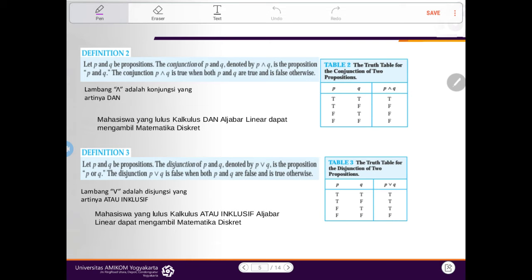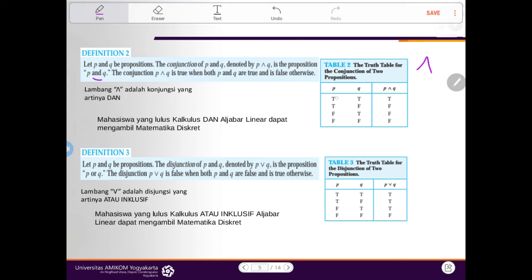Okay. Definition 2. We will explain about the conjunction. Conjunction is the operation that we write like this. In a statement, we read it as AND: P and Q. This is the conjunction operation.